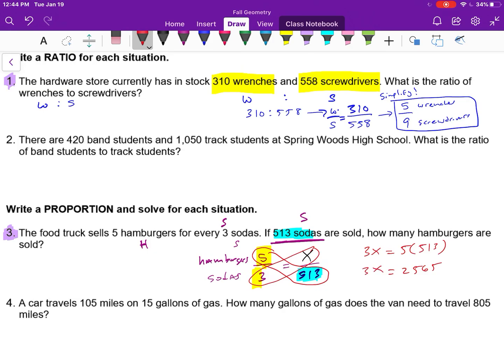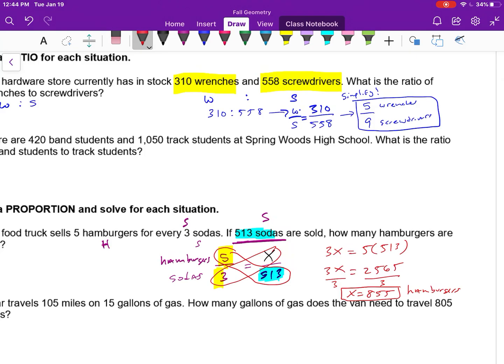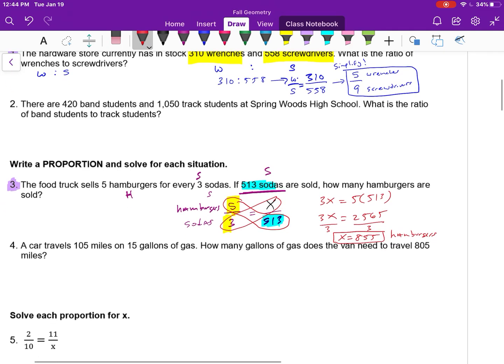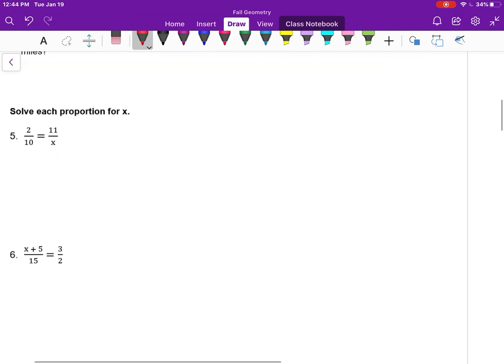So 3x equals 2,565, and now you can divide that by 3. x equals 855. So there you go, 855 hamburgers. When you have a word problem, it always represents something. So always remember that it always has a quantity that you're comparing. So that's ratios, and that's a proportion to solve the situation.